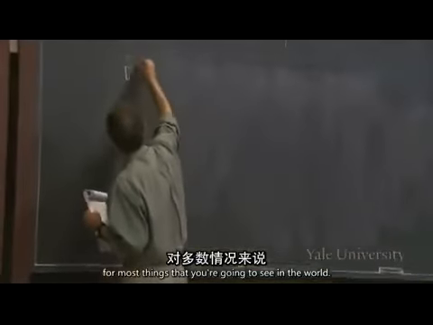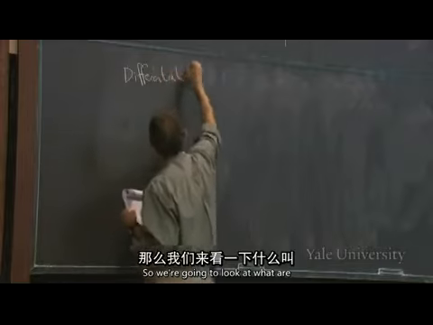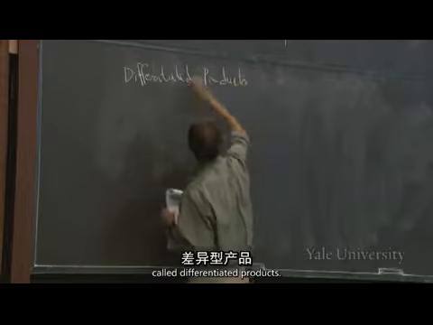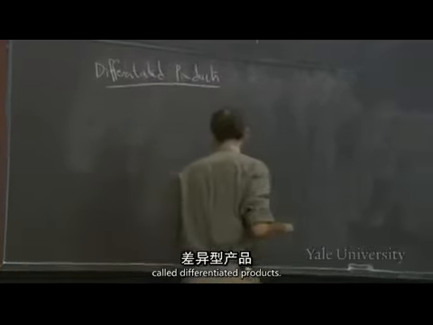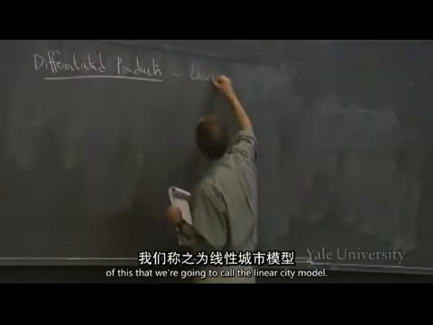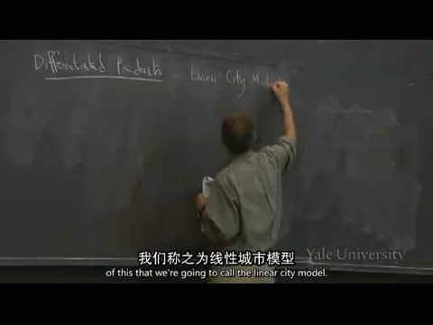So we're going to look at what are called differentiated products. And in particular, we're going to look at a particular version of this that we're going to call the linear city model.